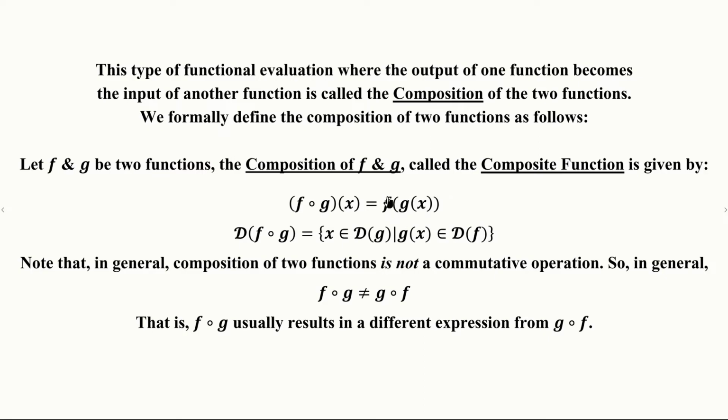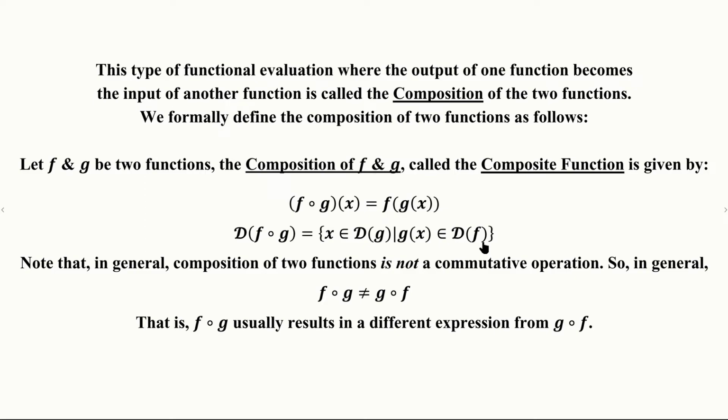So in other words, evaluating f by using g as the input, right, for any given input of g. Now, the domain of f circle g, or the domain of the composite function, is going to be any input that is in the domain of g such that g of x belongs to the domain of f.